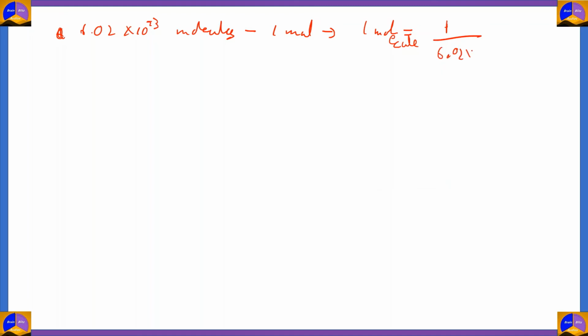Now let's look at the second part. We know that 6.02 into 10 raised to 23 molecules give you 1 mole. Therefore, 1 molecule will be equal to 1 by 6.02 into 10 raised to 23 moles.